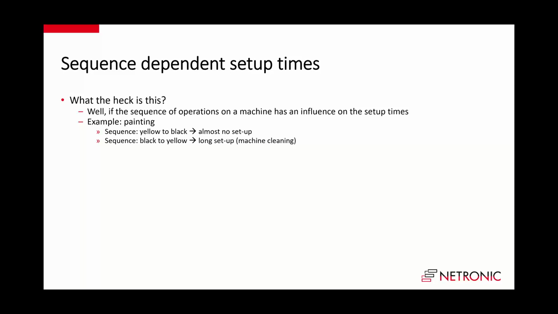But if you switch from black to yellow, then you will have a long setup time because you need to clean the machine. And as simple as this sounds, as complex this is to build. So we actually found a way to incorporate a setup optimizing mechanism into the VAPS.